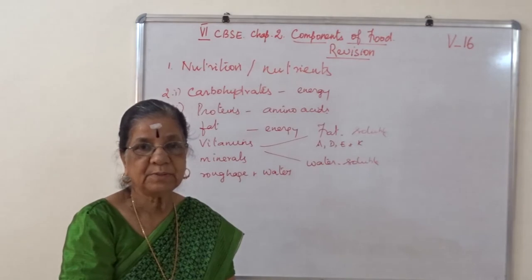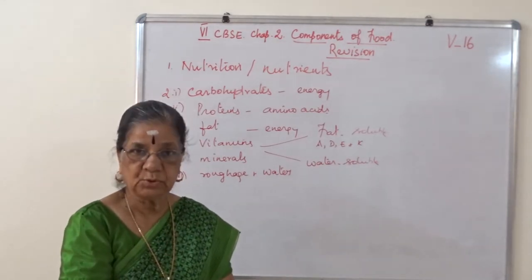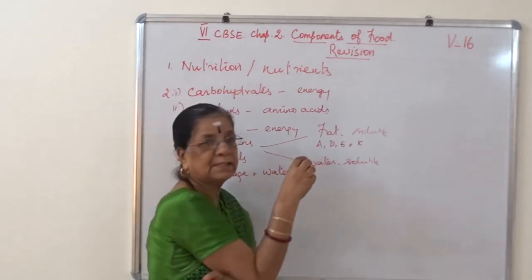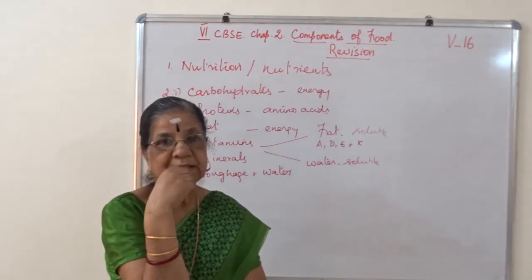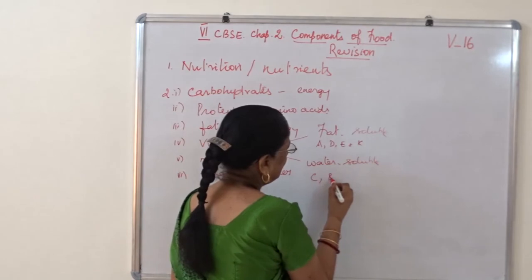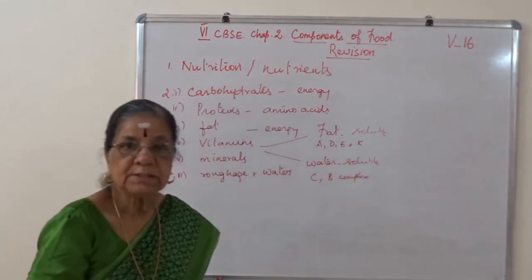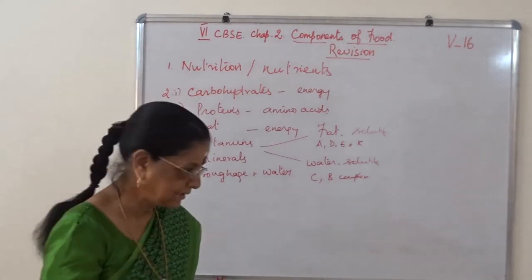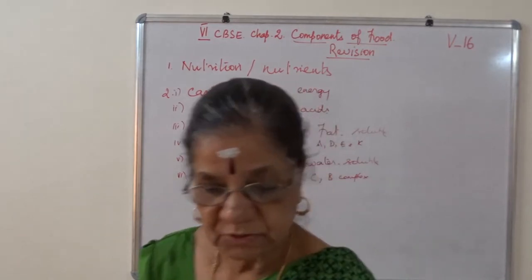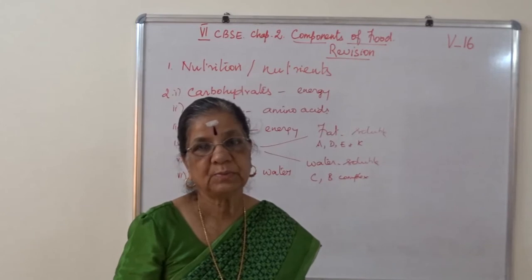When these sources are taken as food, they will be soluble only in the fat content when the fat is getting digested. Whereas vitamin C and B complex are water soluble vitamins. They can easily get dissolved in water. I hope you are able to follow.